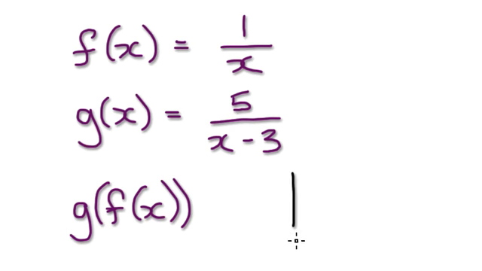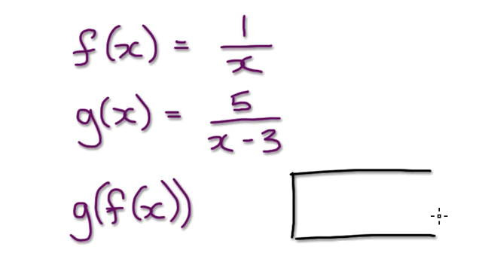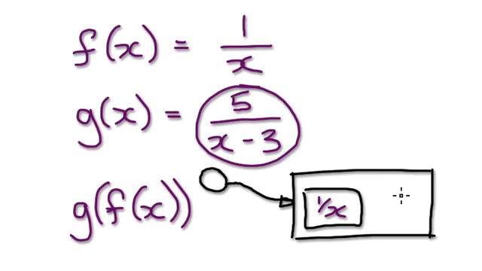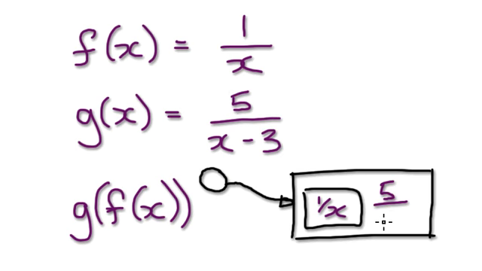Okay, to do this, we can imagine a function as being a machine, where finding the domain is finding out what you can put into this machine without it breaking down. Here you've got a machine, and within this machine there's another machine. The inner machine you can think of as 1 over x. The outer machine you can think of as 5 over x minus 3.